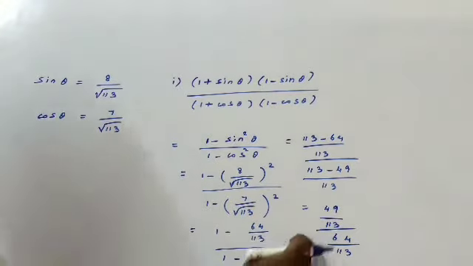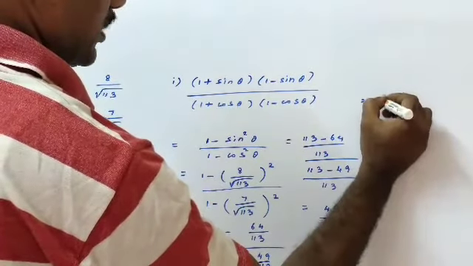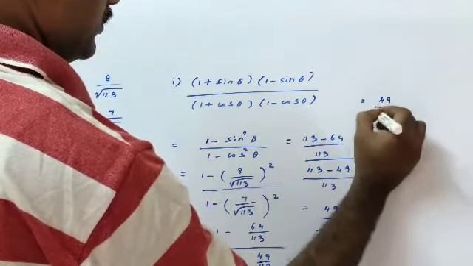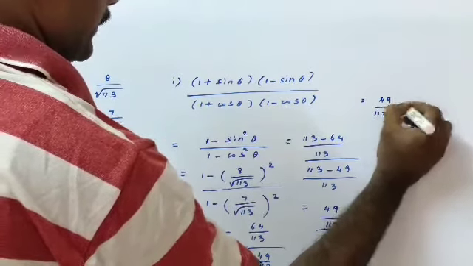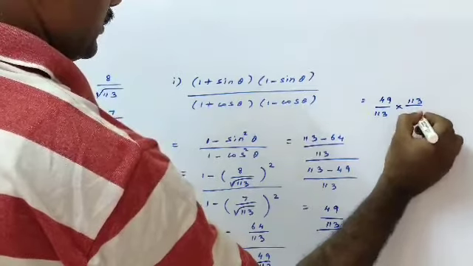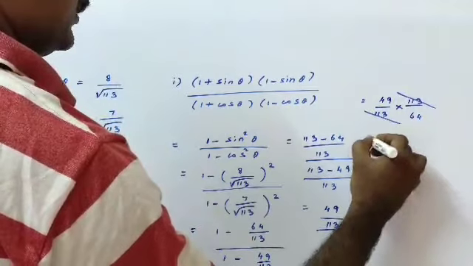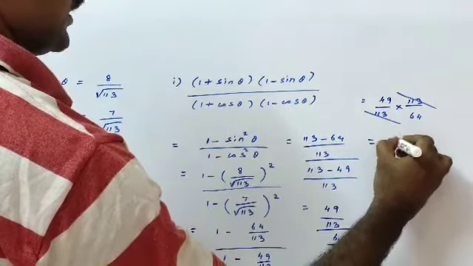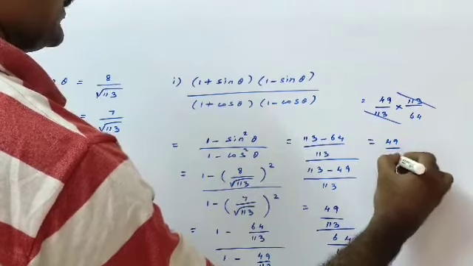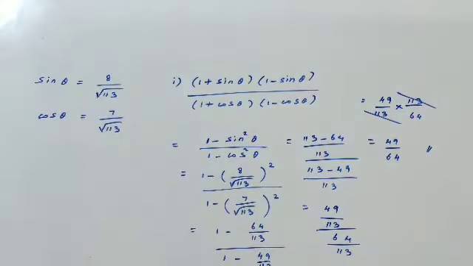Now this value becomes a reciprocal, so we get 49 by 113 into 113 divided by 64. Now we can cancel 113 and 113. The final answer is 49 by 64. This is the value for (1 plus sin theta)(1 minus sin theta) divided by (1 plus cos theta)(1 minus cos theta).